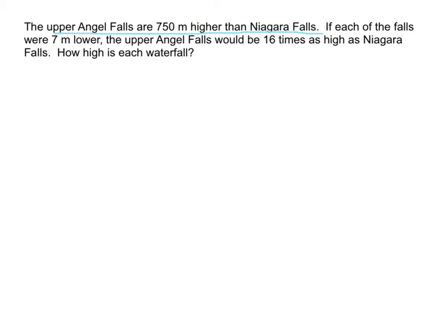So let's set up that first sentence in an equation. So the Upper Angel Falls, I'm just going to write A for Angel Falls, are 750 meters higher than Niagara. So I'm going to add 750 to Niagara's height. If each of the falls were 7 meters lower, so this tells me this is my second equation, lower means to subtract.